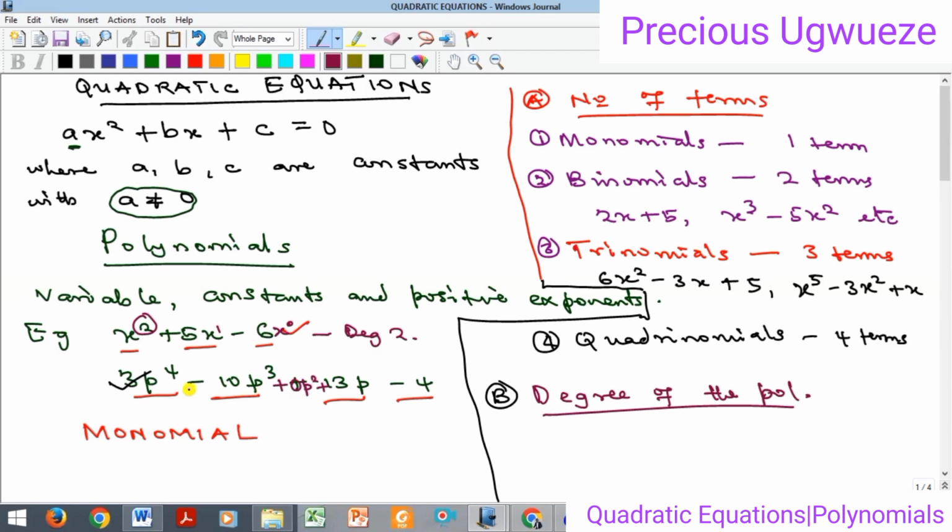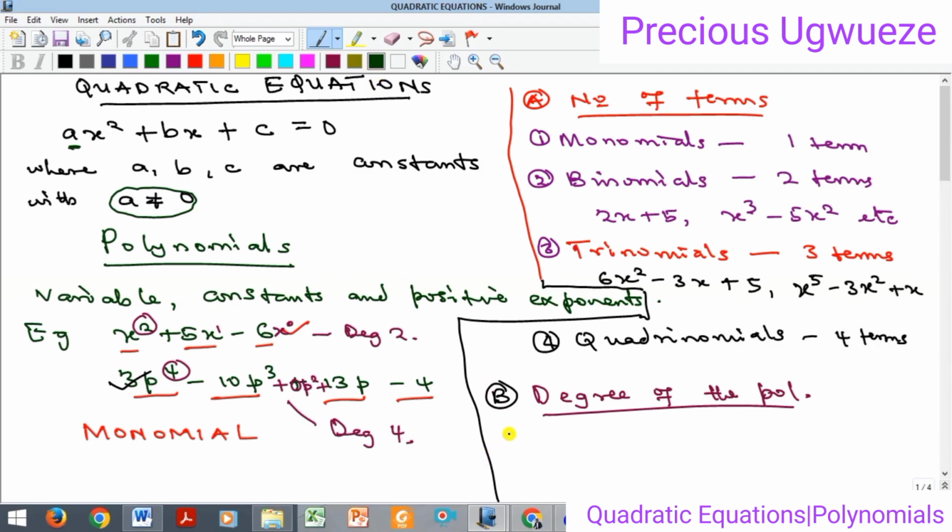All right, so all the degrees are actually contained here, but the highest here is degree 4. The highest exponent here is 4. Therefore, this particular polynomial has degree what? Degree 4. Okay, so it's a degree 4 polynomial. And that is the next category we have here, those ones categorized according to their degrees.